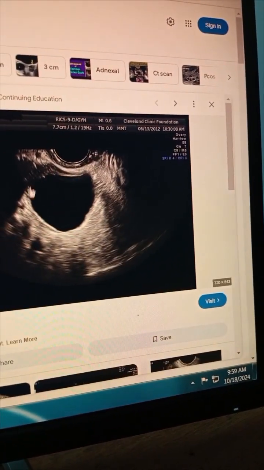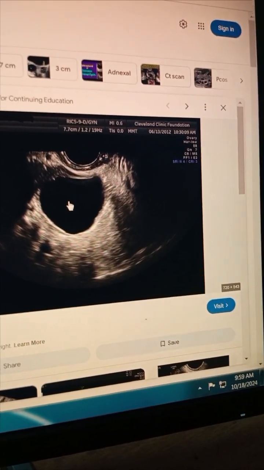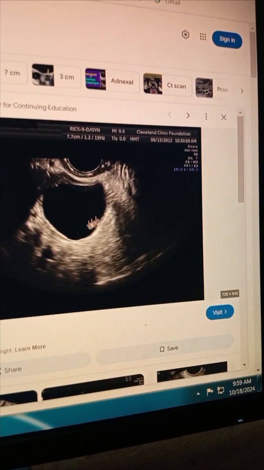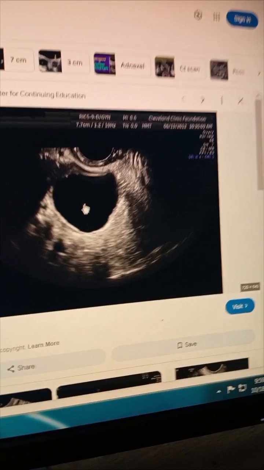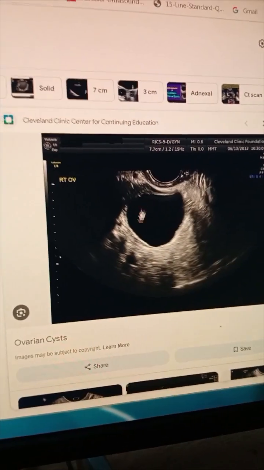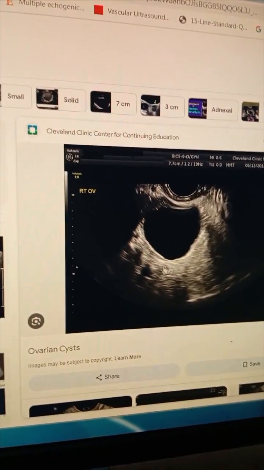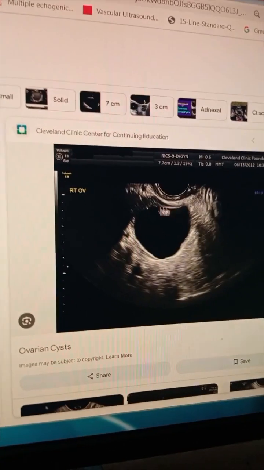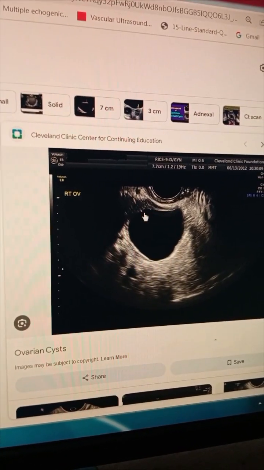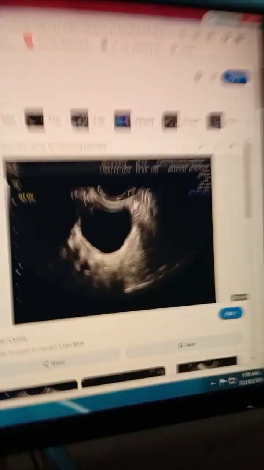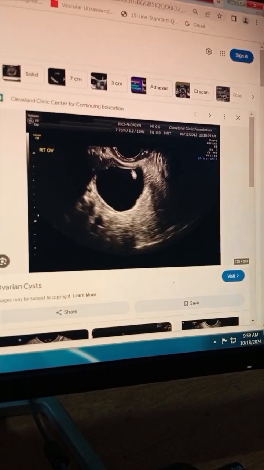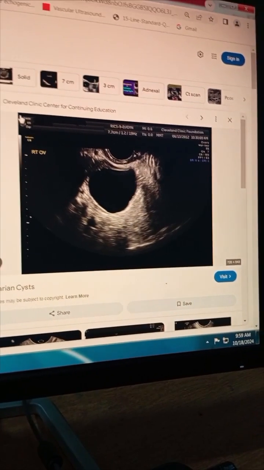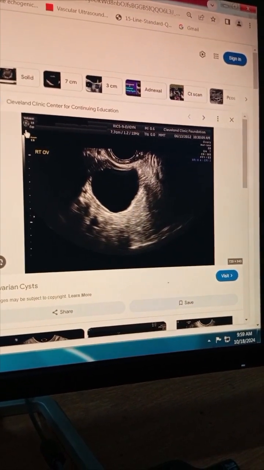Here is the simple cyst, round and anechoic in appearance. There is no substance or heterogeneous material within it. It is a normal follicle which grows in size. Up to 2.5 centimeter is the maximum follicle size.